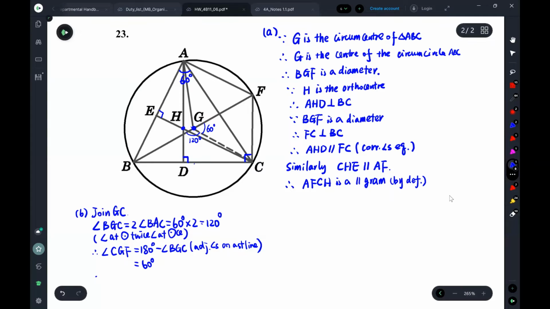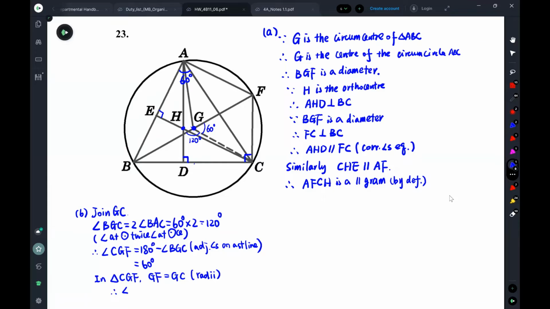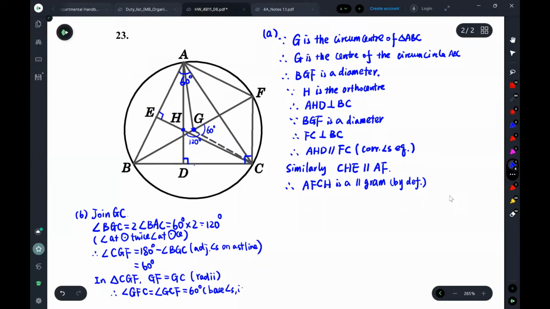Now in triangle CGF, since GF equals GC, they are radii, we know that the other two angles must be 60 degrees as well. Angle GFC and angle GCF are also 60 degrees, base angles of an isosceles triangle.